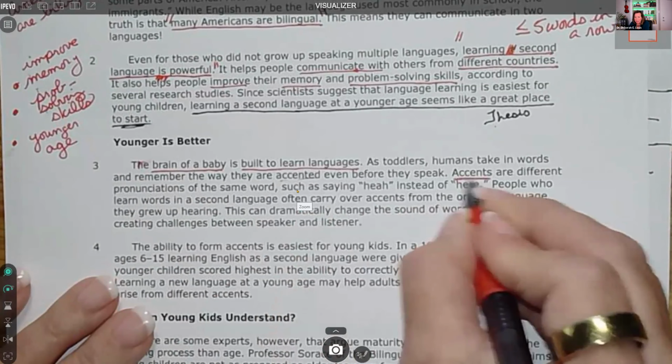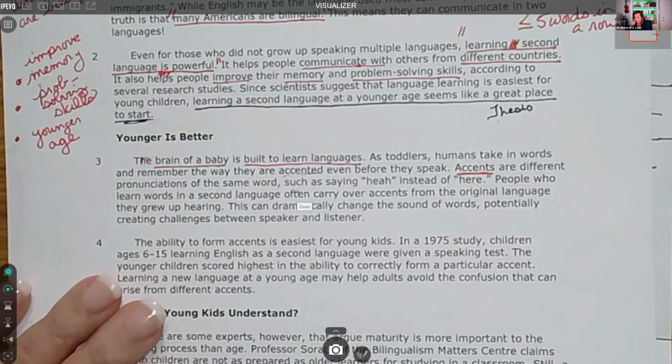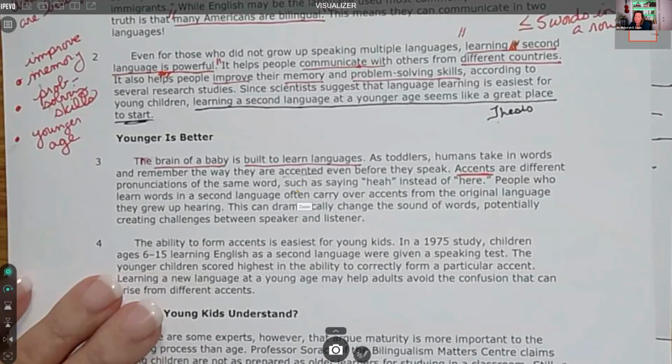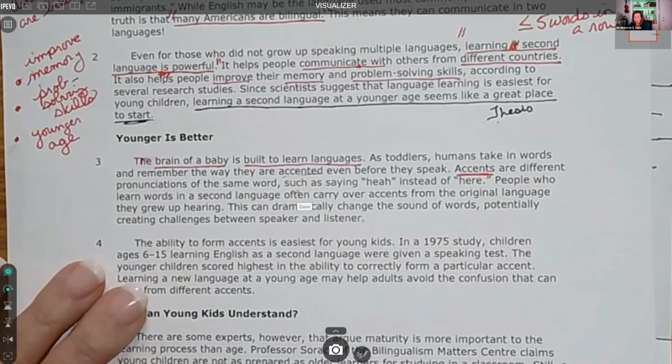We're talking about accents here. Accents are different pronunciations of the same words, such as saying here instead of here. And of course, I'd have to talk to my students about, in Maine, they say here, and in Texas, they say here. People who learn words in a second language often carry over accents from the original language they grew up hearing.